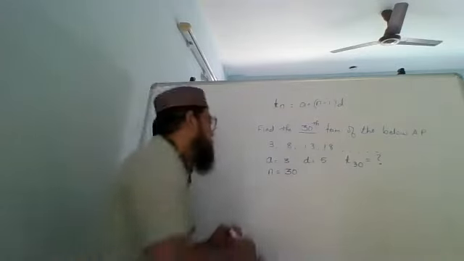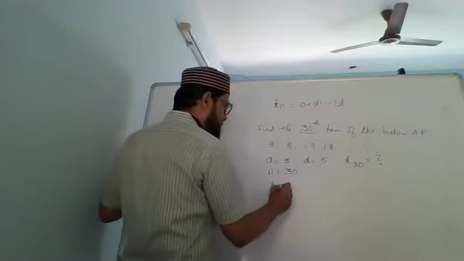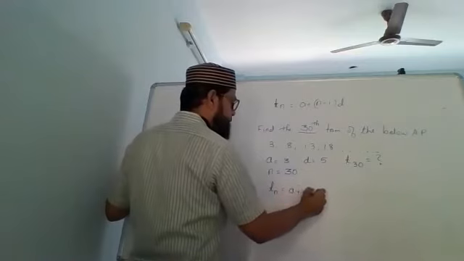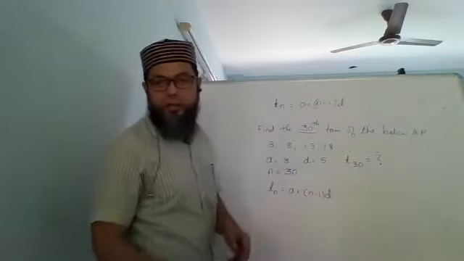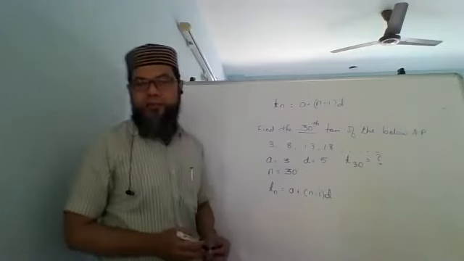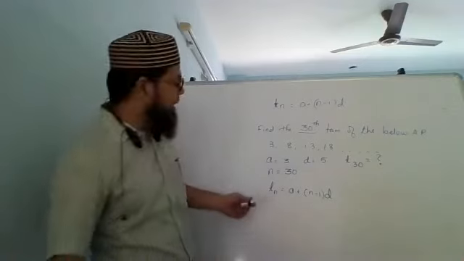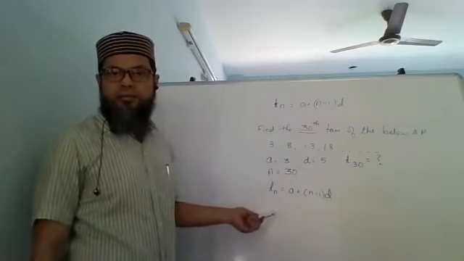Always write the formula in your exams, whether it is asked or not. Because if the formula is right, and even if you make a mistake eventually in solving the sum, at least you'll get marks for the formula. You will get half a mark at least.